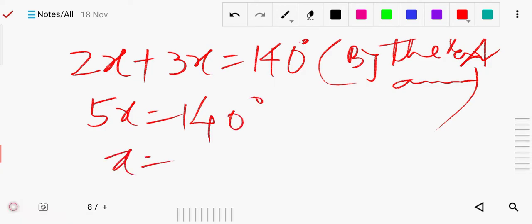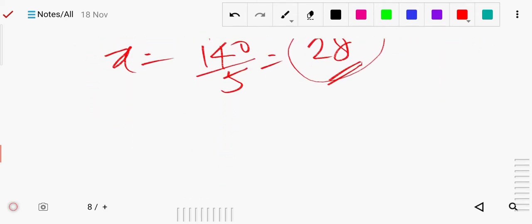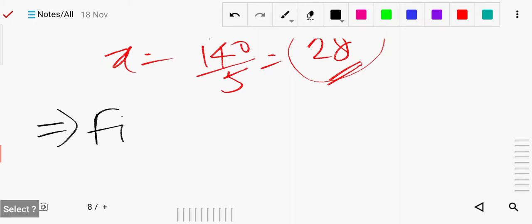So x equals 140 divided by 5, so it will be 28 degree. Okay, so now the value of x we got is 28 degree. Now what did we assume first? We have assumed the first interior angle.